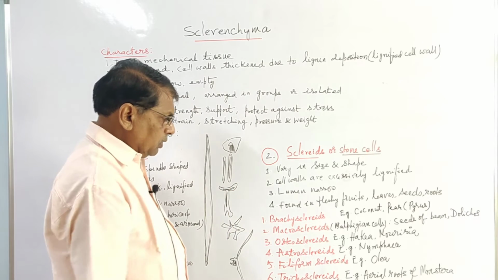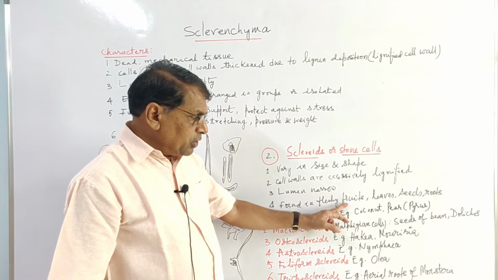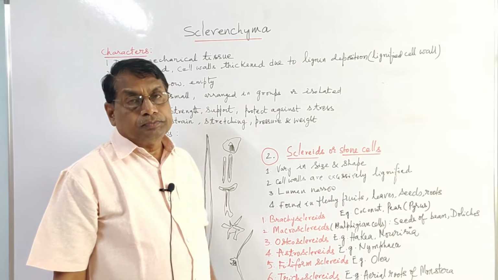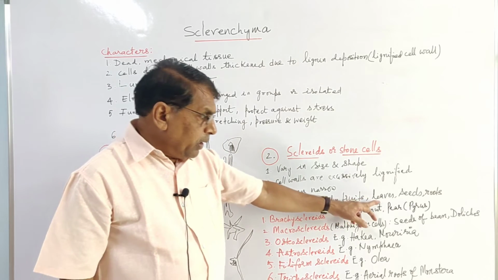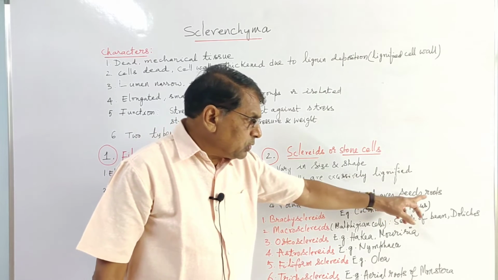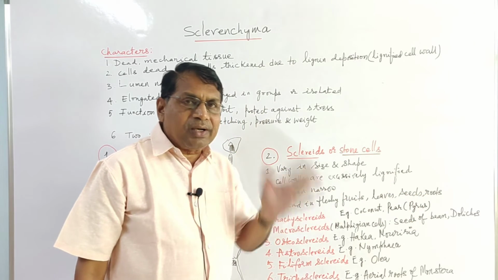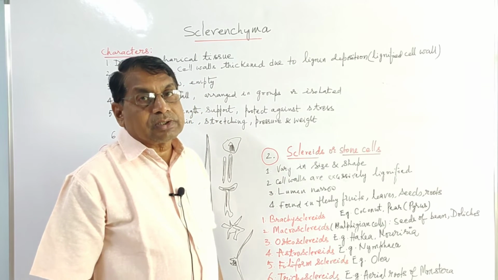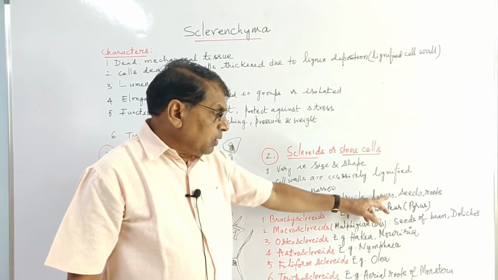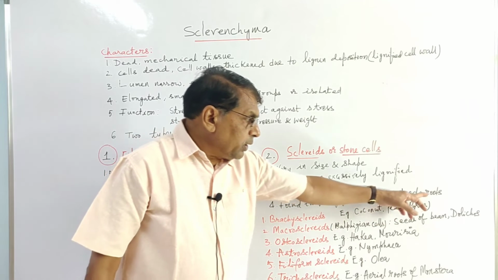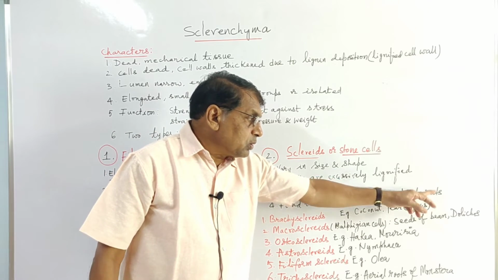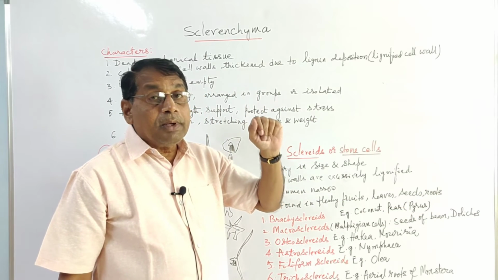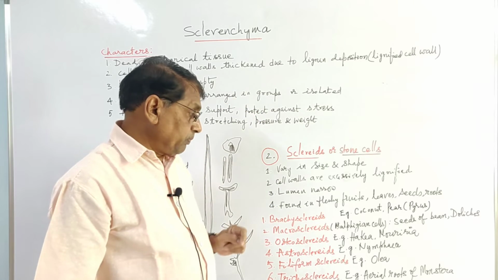This is found in fleshy fruits like guava, leaves, seeds, roots. The seeds are sometimes hard. That hardness is because of these stone cells. Then seeds, and sometimes it is present in roots, but remember, sclerenchyma will be absent in roots.